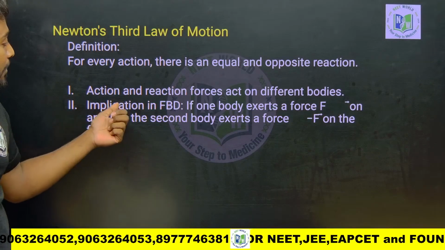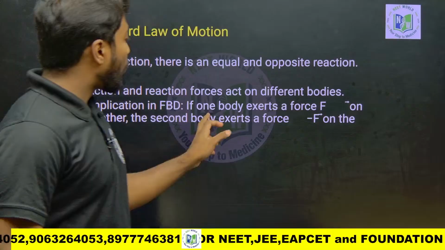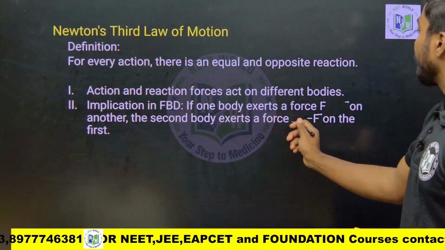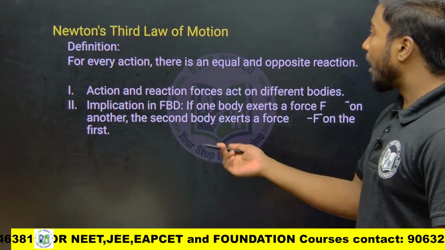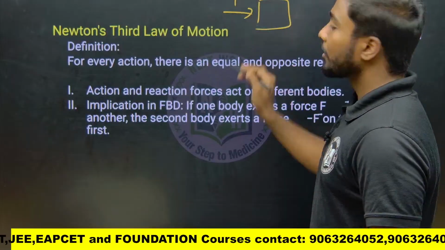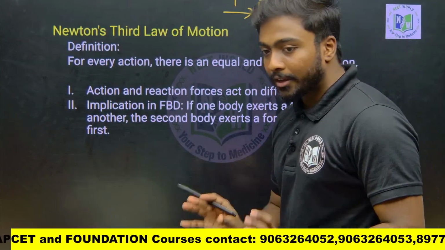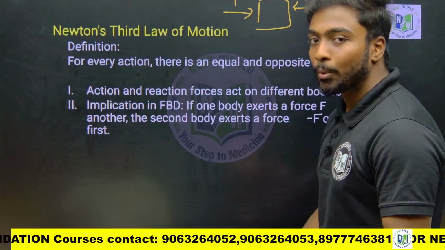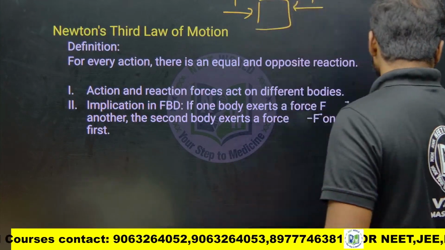The second point is the implication in a free body diagram: if one body exerts a force F on another, the second body exerts a force minus F. It's an equal and opposite force, right? So if a body exerts F and the body should be at rest, what force should be exerted? Minus F, an equal and opposite force.